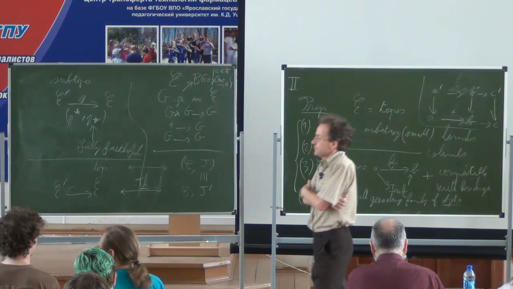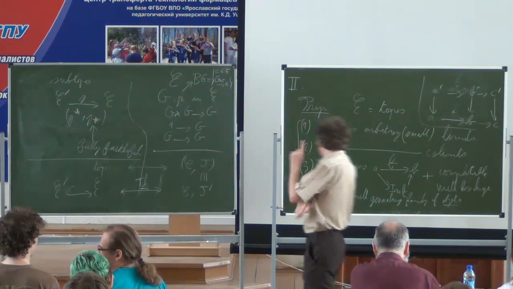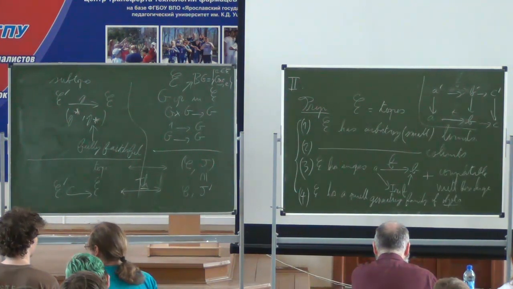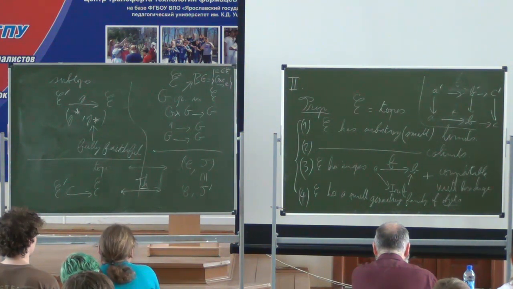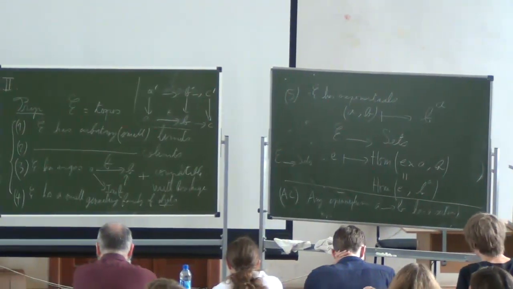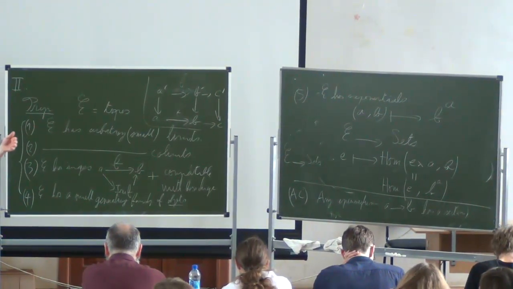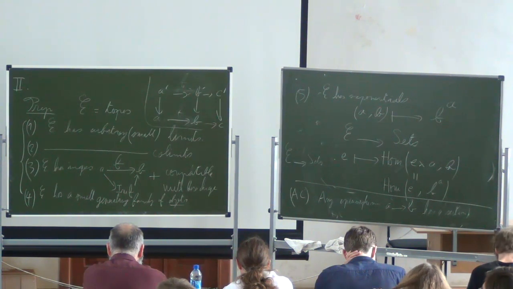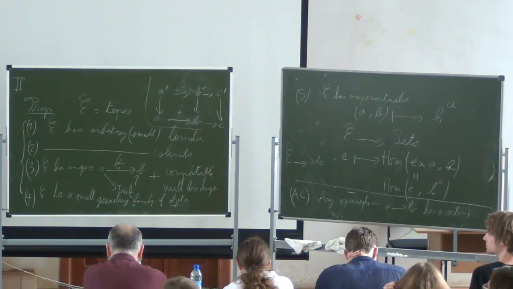I should have said that when you have a topos E, there is always a unique structure morphism to the topos of sets, the one-point topos, exactly as any topological space has a structure morphism to the topological space consisting of one point.